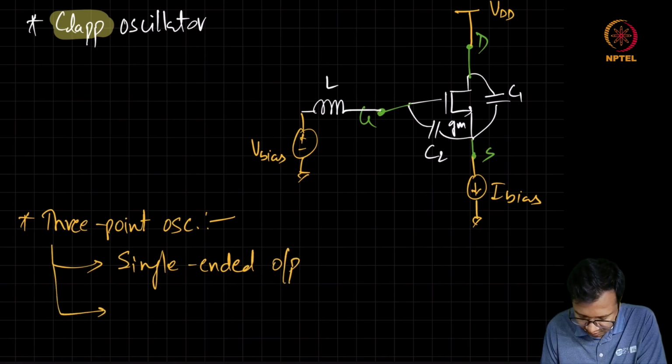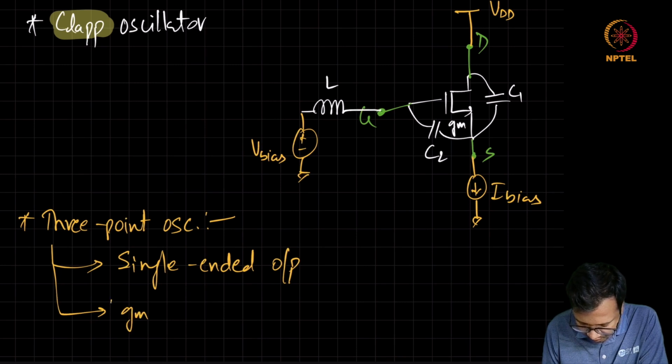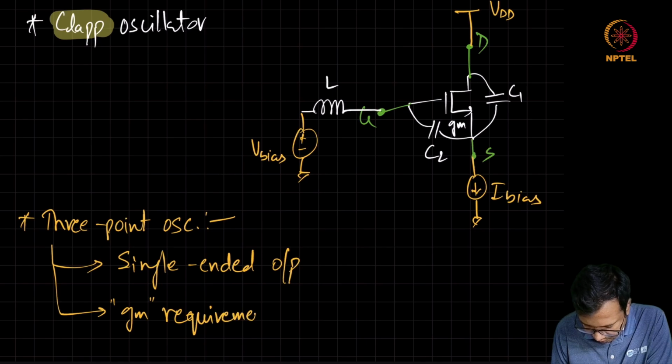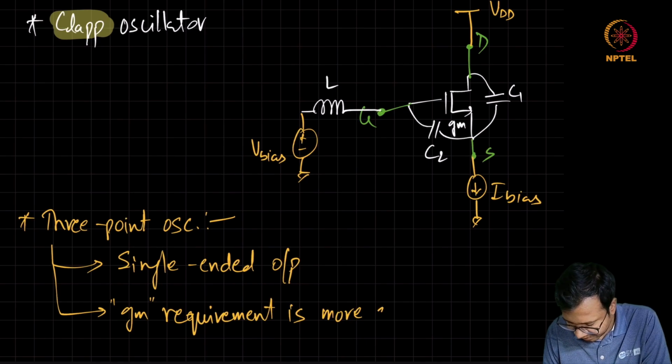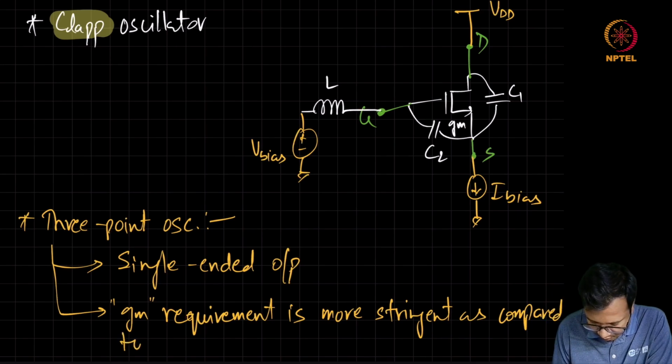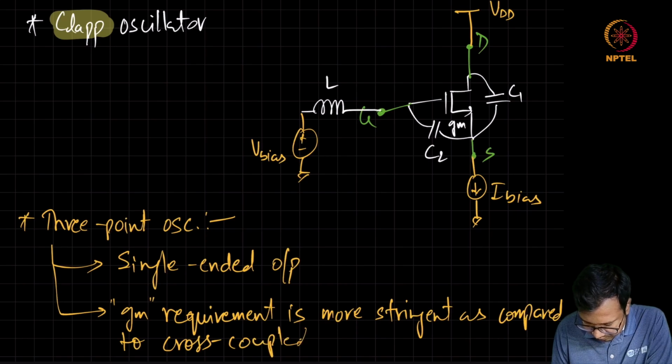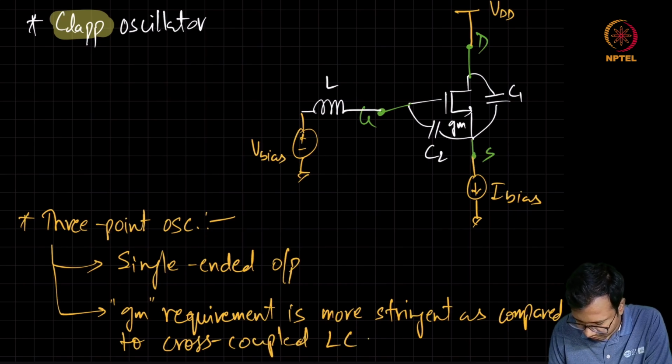And the second point is this: the GM requirement is more stringent as compared to the cross-coupled LC oscillator.